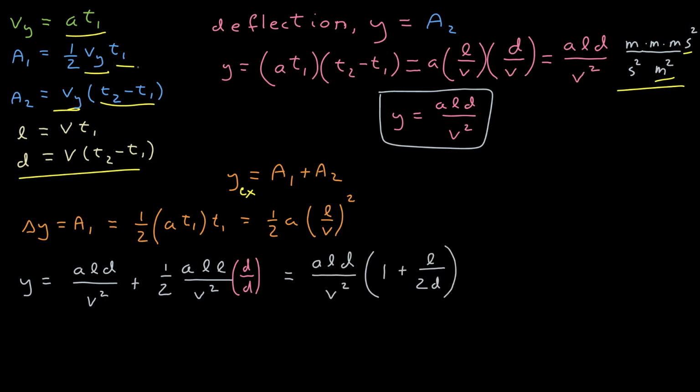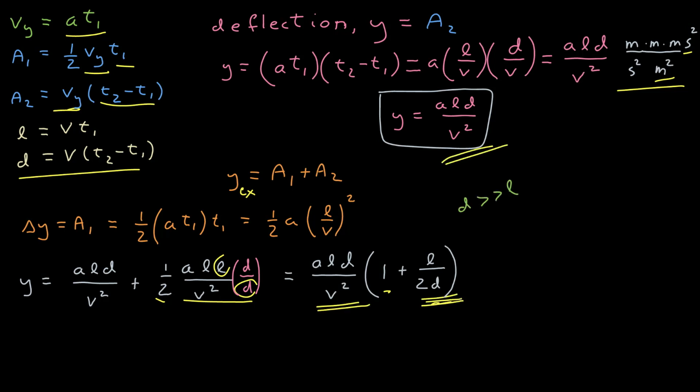Now I can factor out an a times L times D over v squared from both terms, and once I do that, the first term is just a 1, and factoring all of that out of the second term, I'm left with the 1/2 as well as an L and a D in the denominator, L over 2D.